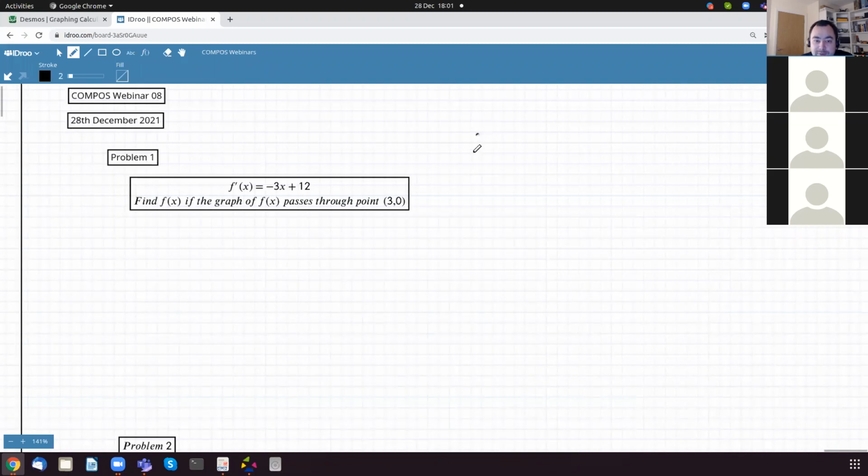Well, if you have a function f of x, then the antiderivative function to that is capital F of x, such that F prime of x is equal to f of x. So basically, you're looking for a function whose derivative is the given function.